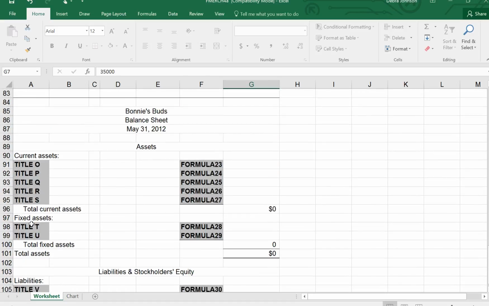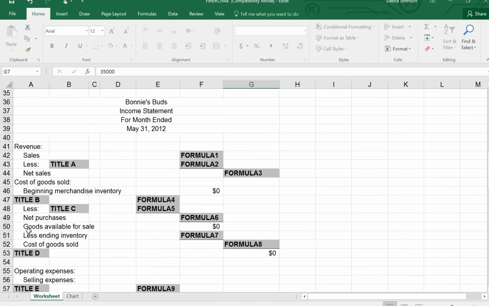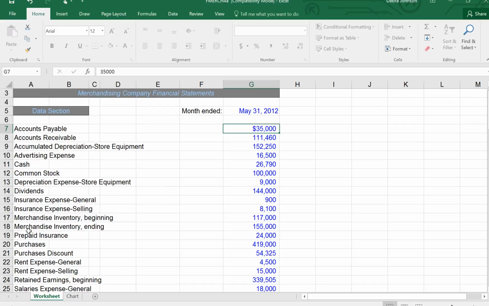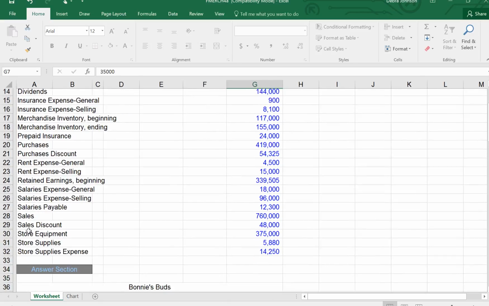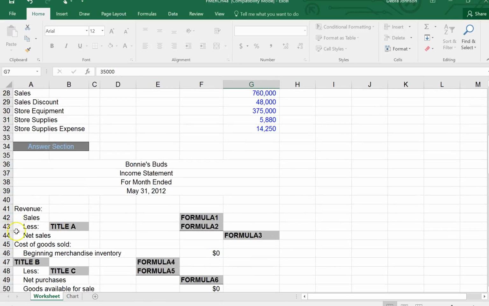When you open the file, you'll see that there are many accounts in the data section which are in alphabetical order. Our job is to fill in all the account names that are notated by titles. In addition, we'll be filling in the various formula amounts for the dollar values.